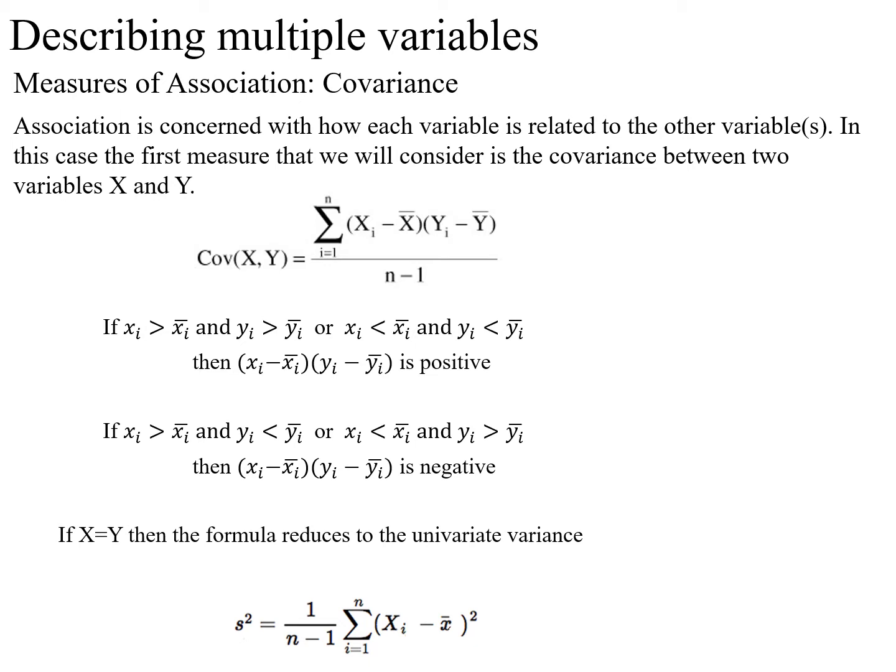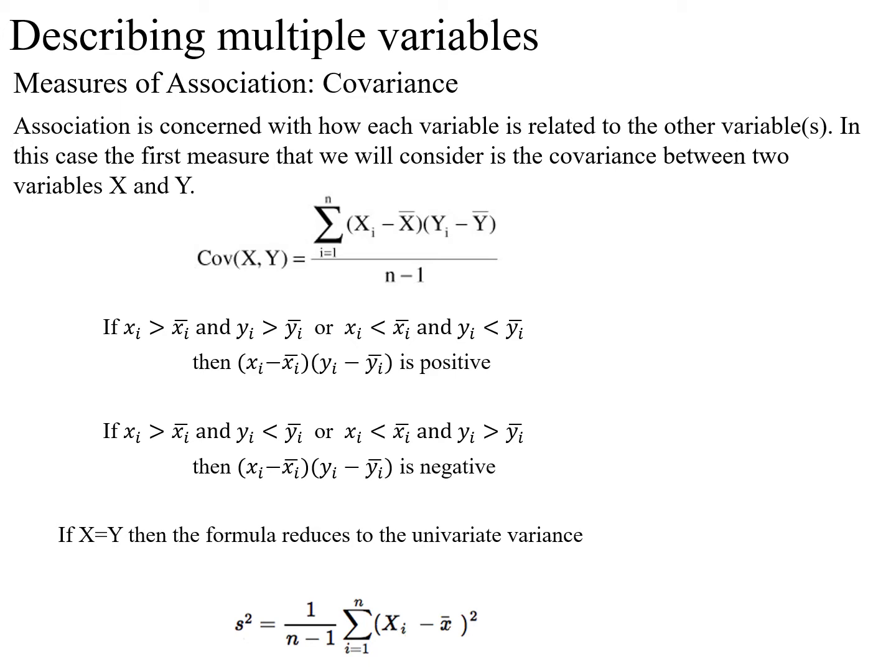So covariance is going to go up whenever you have pairs of observations that are both above or below the mean value for their respective variables. Alternatively, every time you have an instance when the x variable is greater than x bar, but y is less than y bar, you're going to have a positive and then a negative value, and their product is going to be negative.